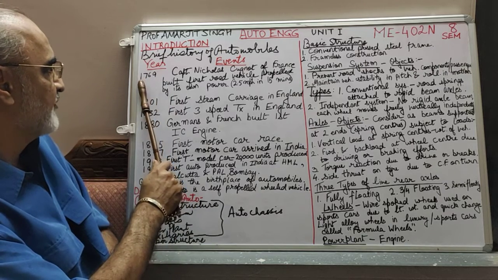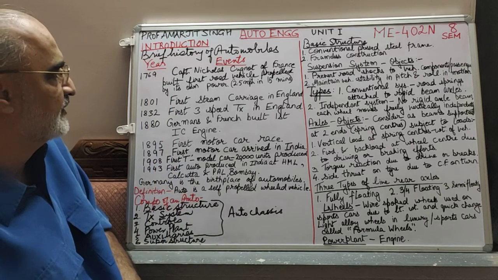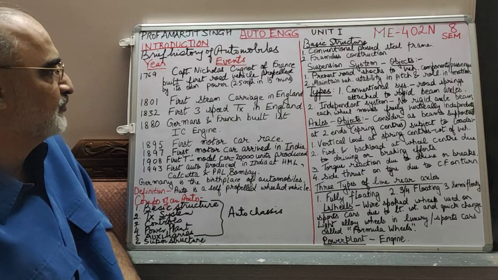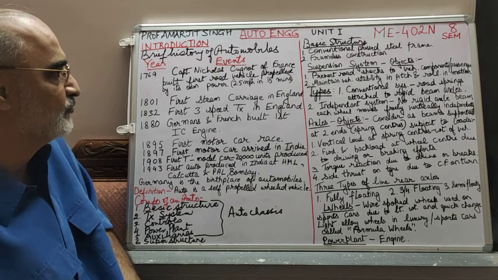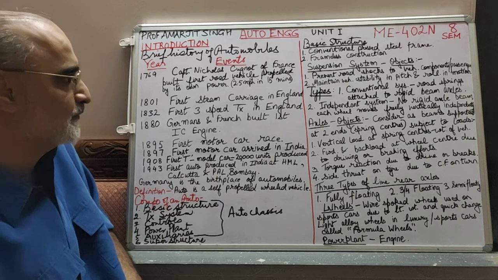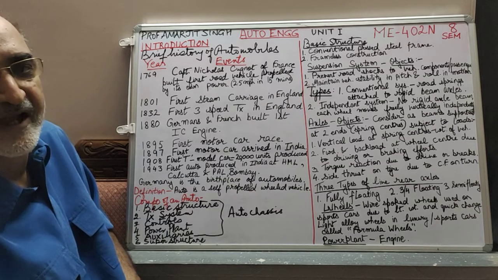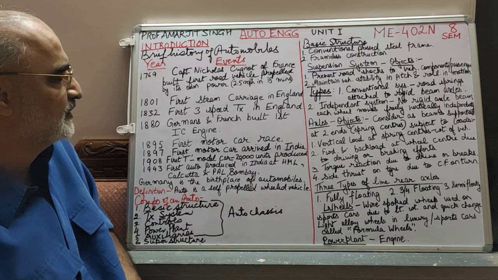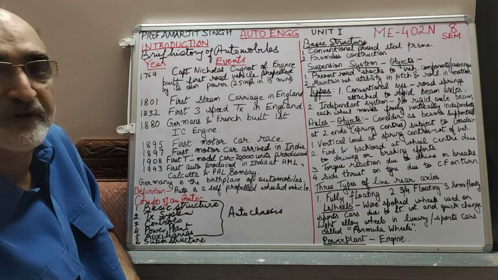It was in the year 1769 that Captain Nicholas Cugnot of France built the first road vehicle propelled by its own power. The speed at that time was 2.5 miles per hour in 15 minutes.